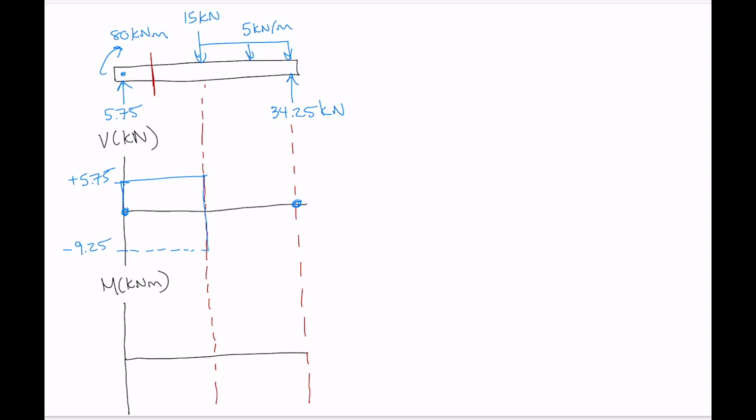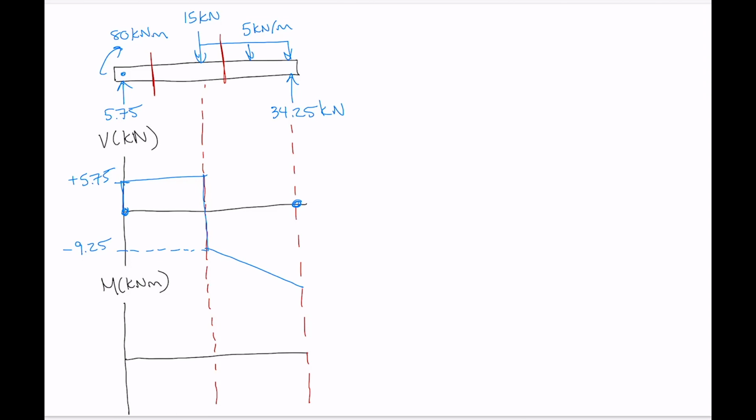And then we've got a distributed load, and its value is 5, but the load is pointed downwards, so the value is -5. So our slope of the shear diagram has to be -5, and that slope persists all the way to the other side of the beam, to the support reaction at B. So we've got a linear line with a negative slope all the way from where we currently are to the other support.